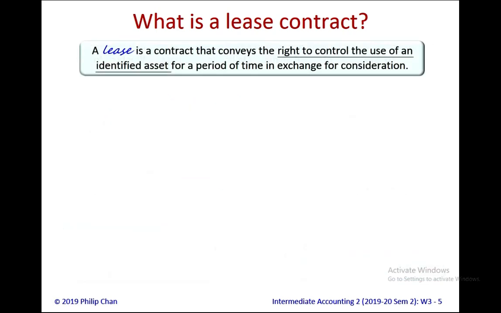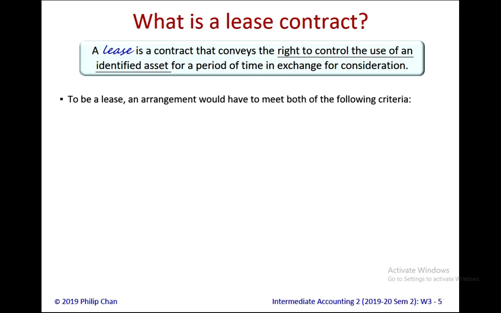What are the conditions to satisfy the definition of a lease contract? In the definition, it says very clearly within the standard that the arrangement within the contract should meet both of the following criteria. Number one, we must be able to identify a specific asset within that contract. There must be an identified asset.